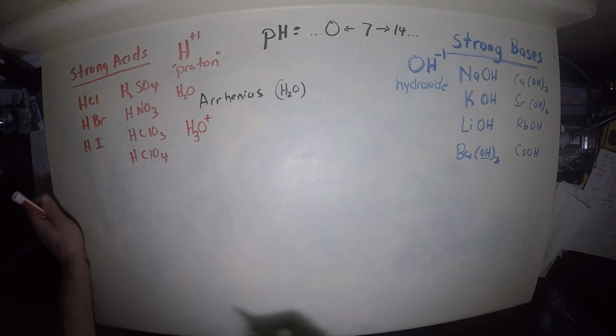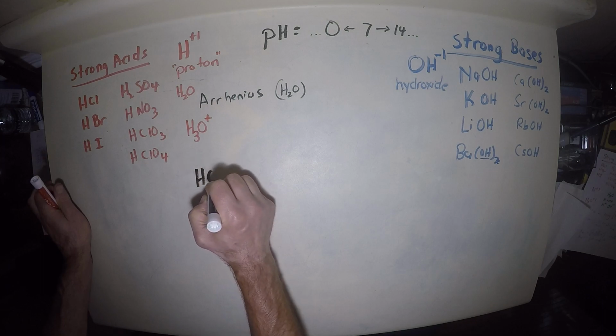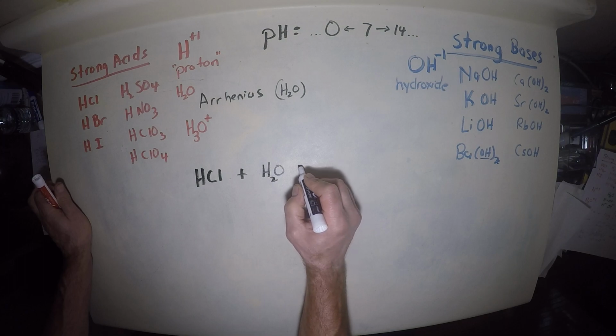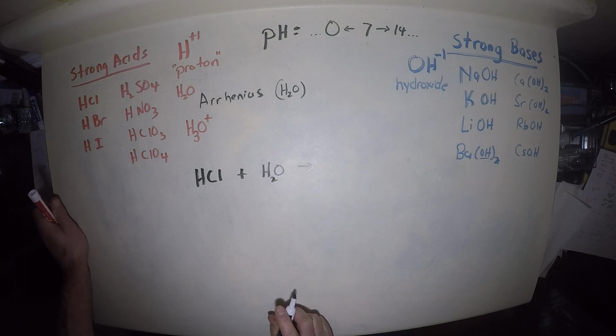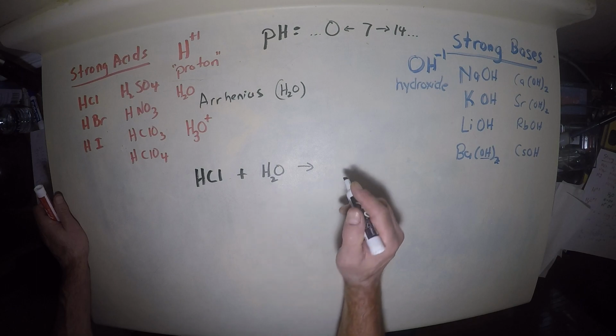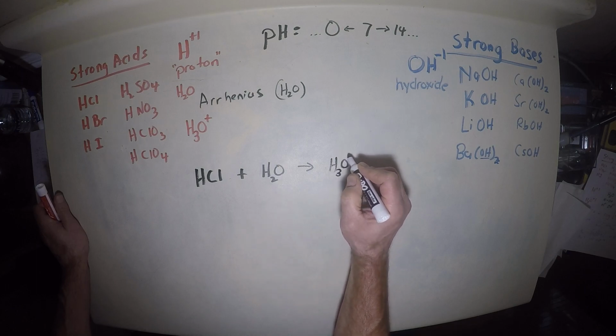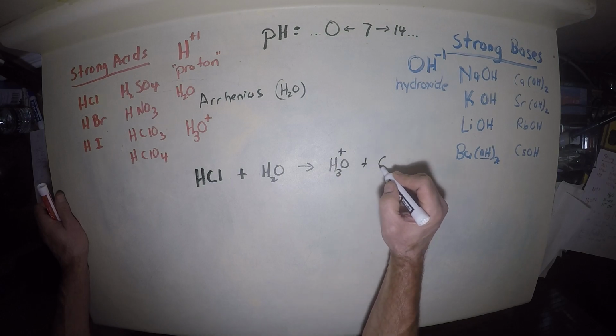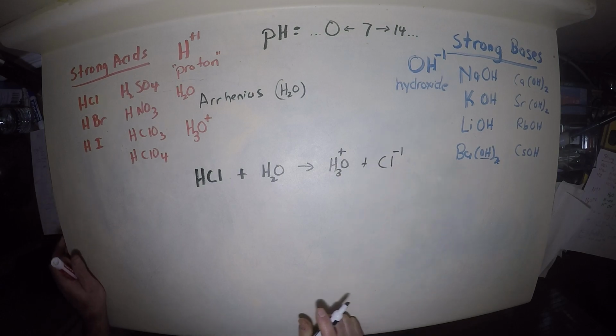So using our prototypical acid HCl, if we see it with water, we are automatically going to invoke Arrhenius, and the simplest way I can state Arrhenius is an acid and water forms hydronium, and then by deduction you can determine that there must also be some chloride formed.